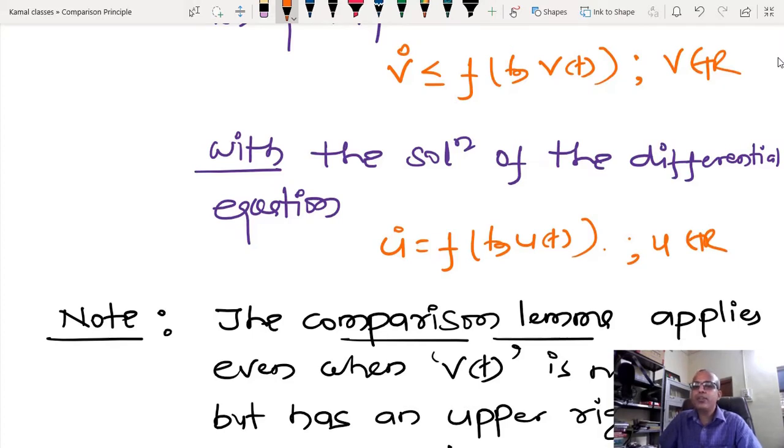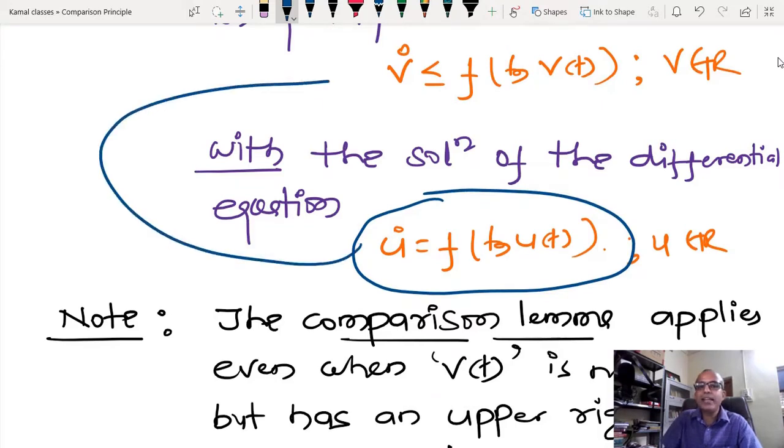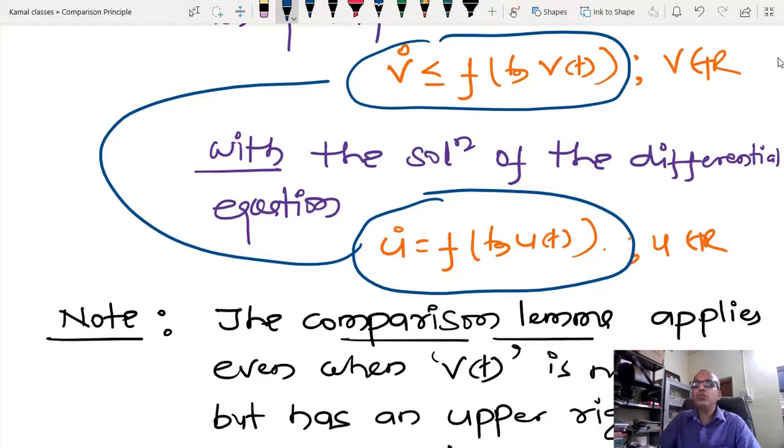What we are going to establish is that if you solve the equation below, then you are able to understand the bound of the solution. That is the main motivation.